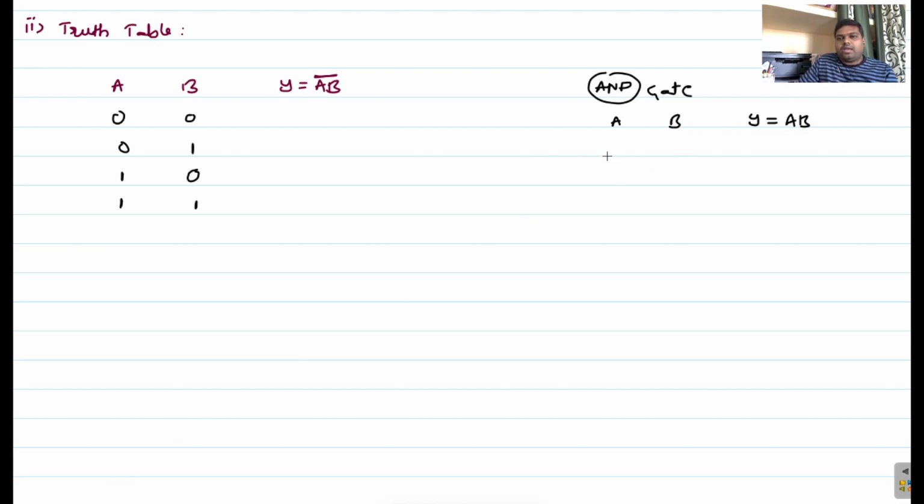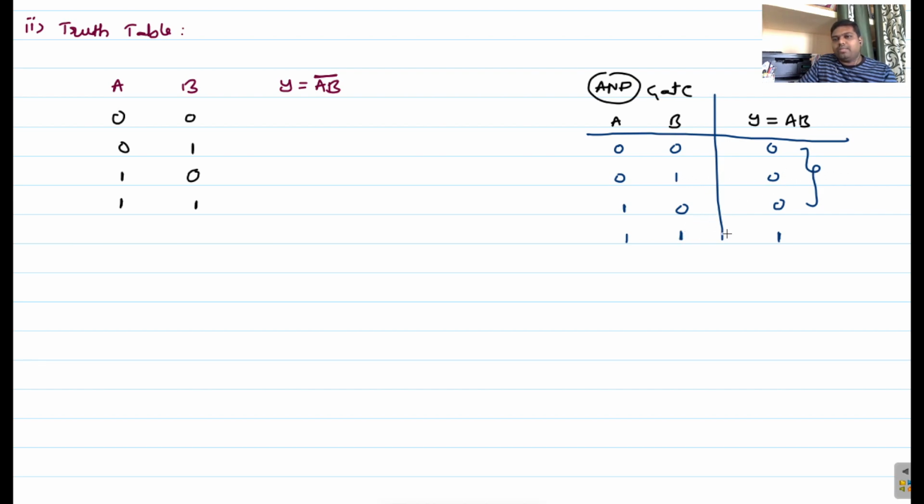If we take 0 0, 0 1, 1 0 and 1 1, the output is the product of A and B. So 0 into 0 you will get 0, 0 1 gives 0, 1 0 gives 0 and 1 1 gives 1. If any one of the input is 0, output will be 0.